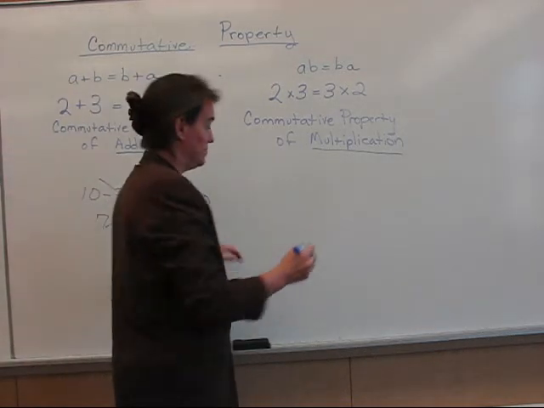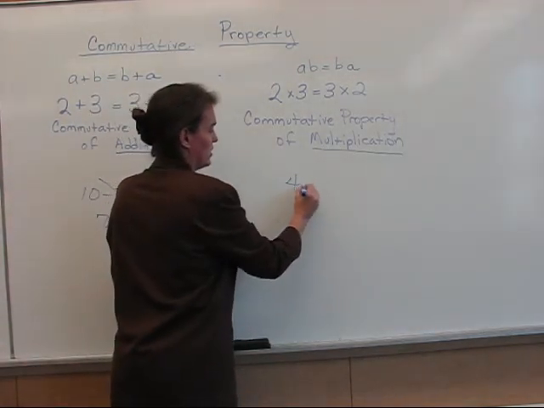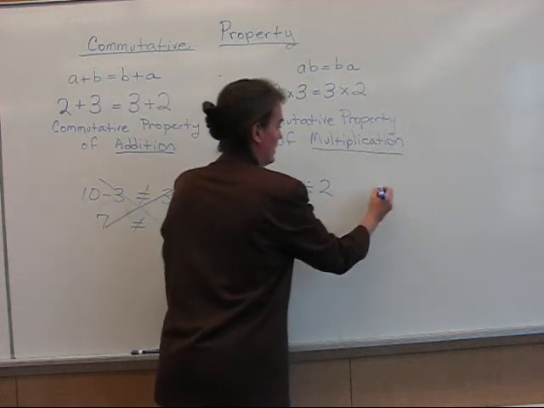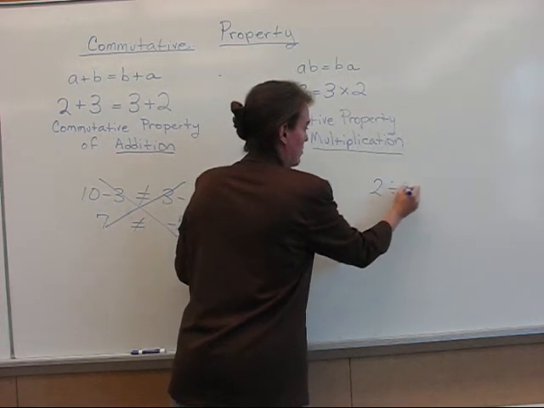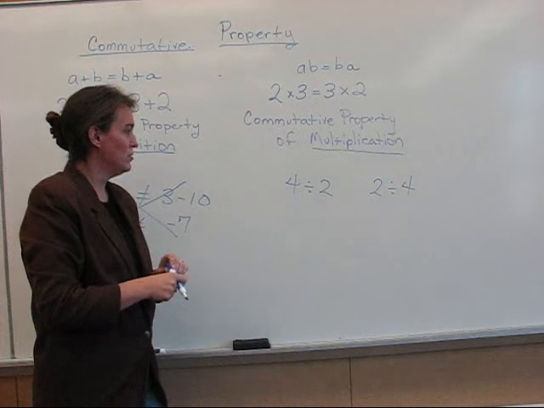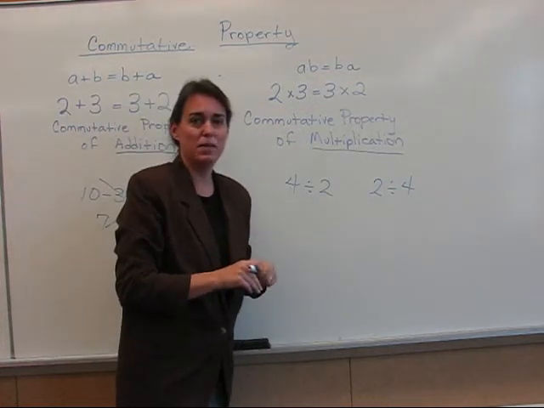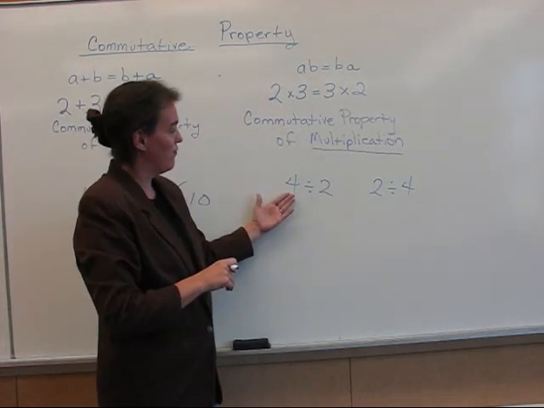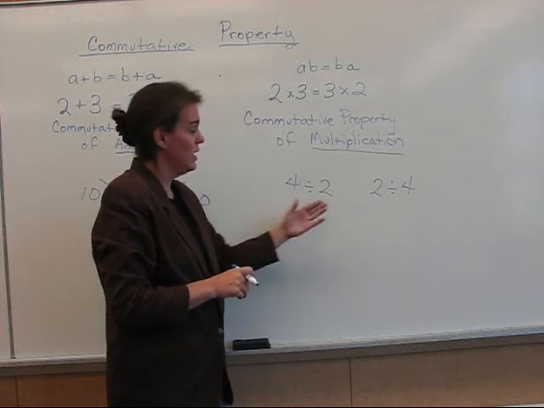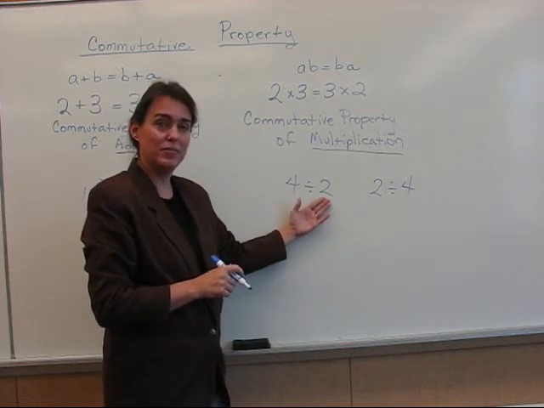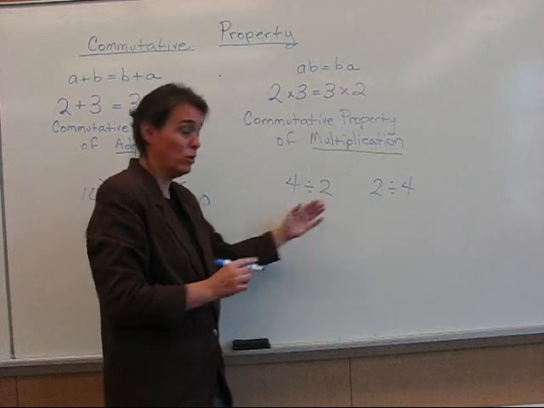How about division? Let's consider 4 divided by 2 and 2 divided by 4. For this example, let's consider food. Let's say pizza. If you take 4 pizzas home and there are 2 people there to eat them, each person gets 2 pizzas.